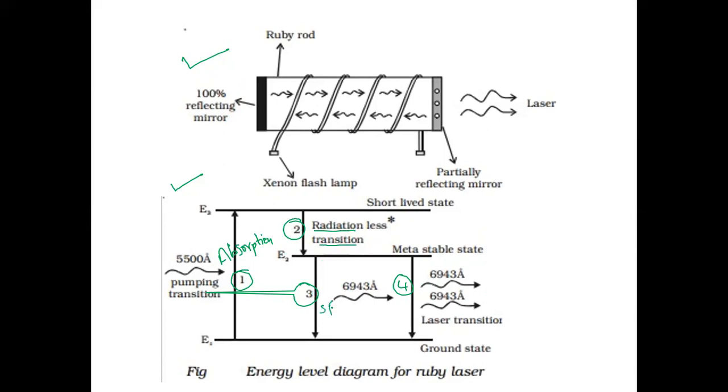Transition 3 is spontaneous emission. Transition 4 is laser transition. Thus, the ruby laser has 4 transitions. These 4 transitions give the complete working principle of the ruby laser.